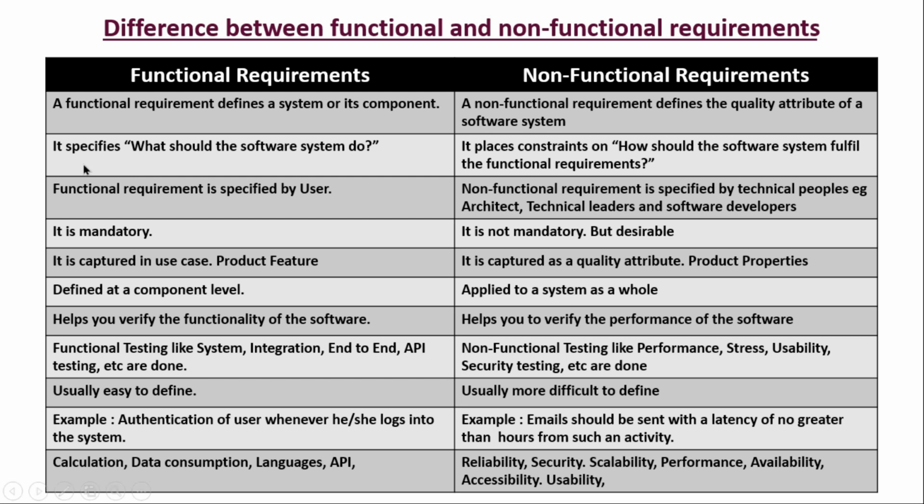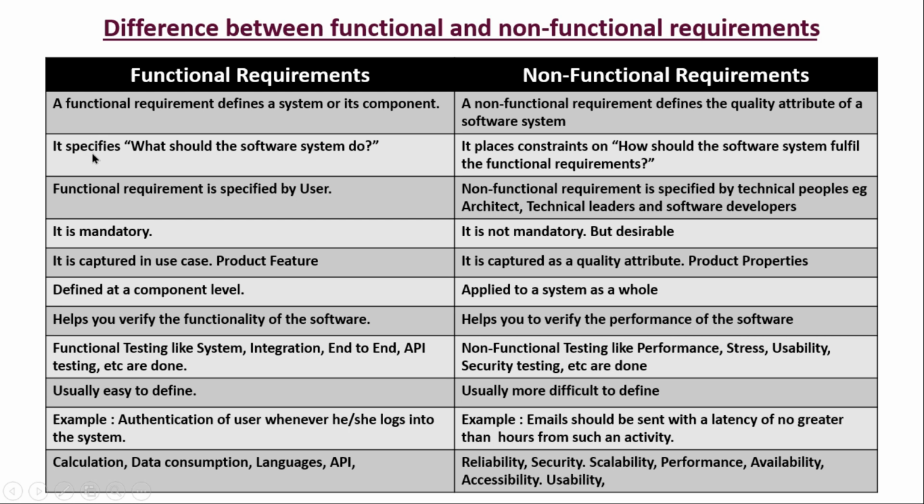Second point is it specifies what should the software system do. Okay, and when it comes to non-functional requirement, it says how the system should action or behave. So it's pretty straightforward. I mean, what the system should do, how the system should behave.